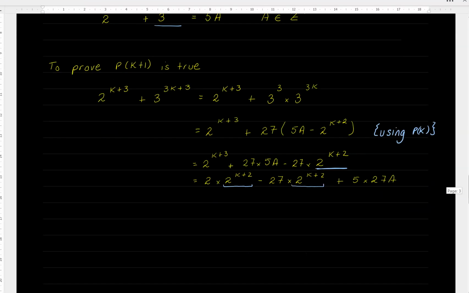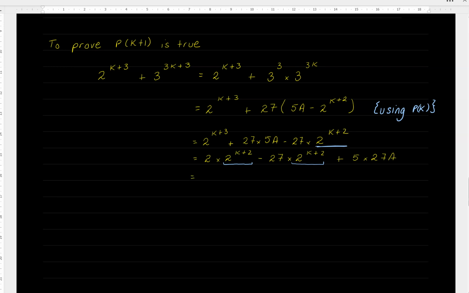So if we rewrite this now, gather our like terms, 2 lots take 27, that's a minus 25 lots of 2 to the k plus 2 plus 5 lots of 27a. I guess it looks a little bit neater if we put the positive out the front. But we can also see clearly that I've now got a common factor of 5, which I can pull out.